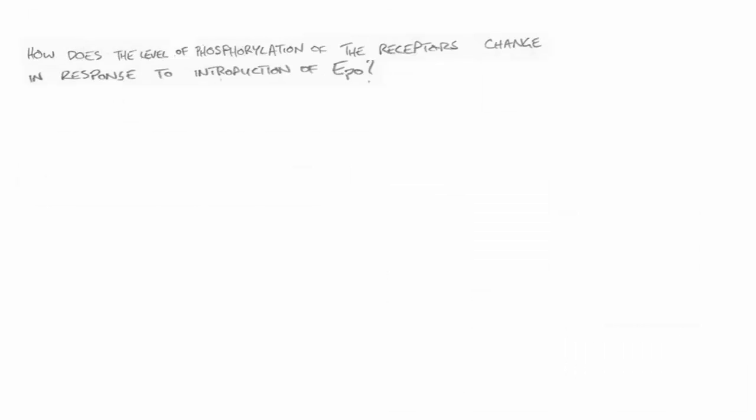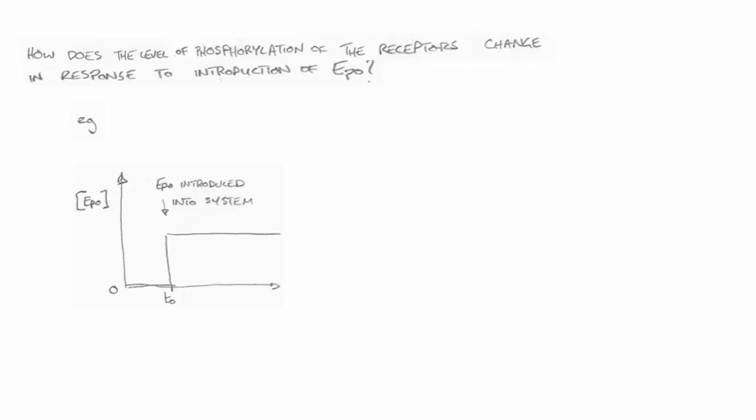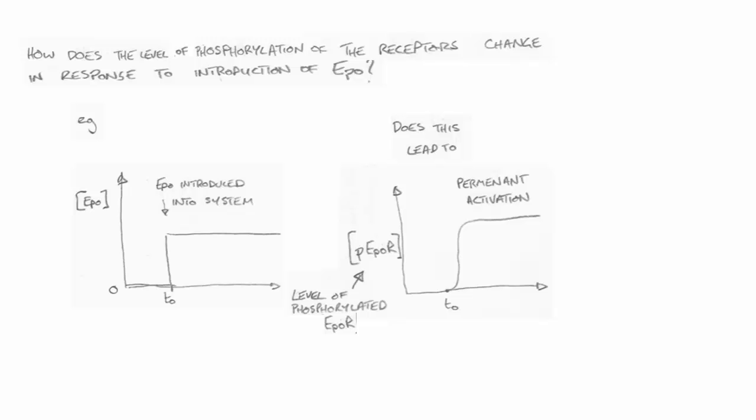So the question we're asked is, how does the level of phosphorylation of those receptors change in response to the introduction of EPO into the system? So here's a step change in the level of EPO. Initially EPO is absent, we add it in. Do we get some kind of permanent activation, so we get the receptors permanently phosphorylated as long as EPO is present?